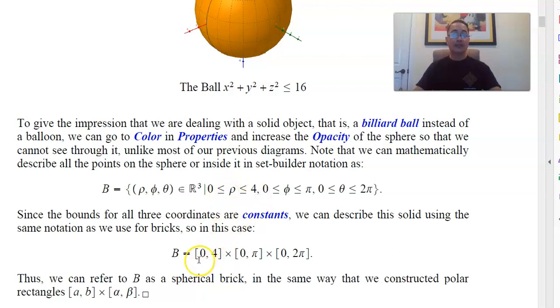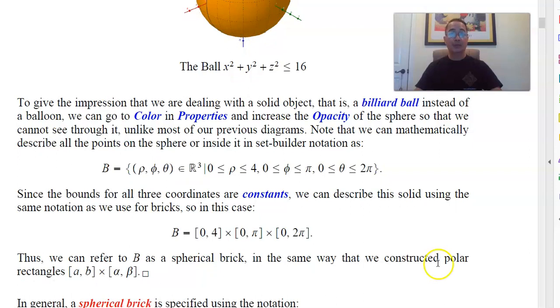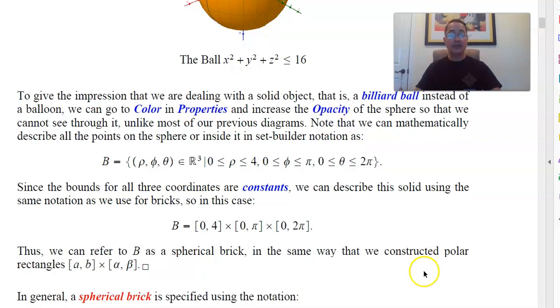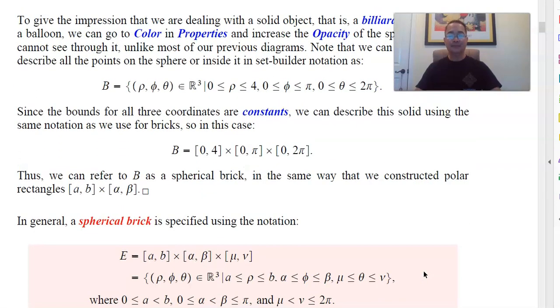Rho from 0 to 4, so that's the closed interval 0 to 4, and then 0 to pi, and then 0 to 2 pi. You put the times symbols in between them to represent a Cartesian product to create what we call a spherical brick. It sounds weird, right? Bricks aren't round or spherical, but we'll use the same term as we did in the beginning of chapter 3.